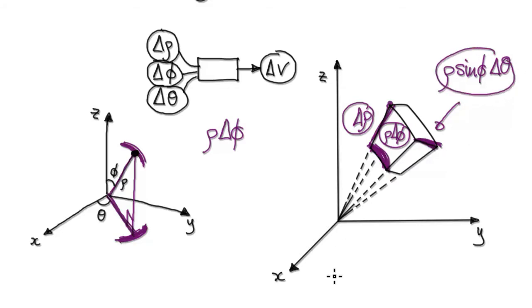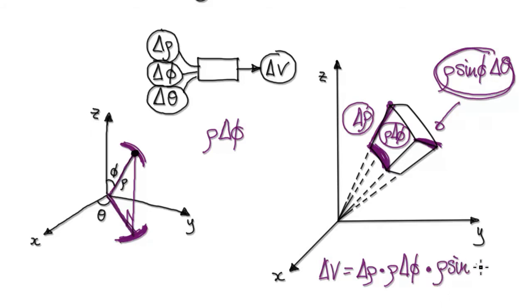So the change in the volume is given by delta rho times this length here, which is rho delta phi, times this thing here, which is rho sine phi delta theta.